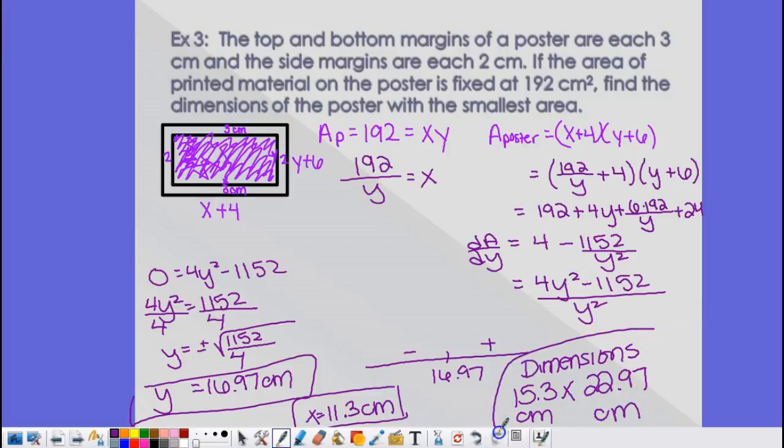So that's where AP catches kids. You give your x and y answer and you kind of quit. But they didn't ask for the dimensions of the printed area. They asked for the dimensions of the poster, which includes the margins. Does that make sense? Like, kind of see where they were throwing you off a little bit.